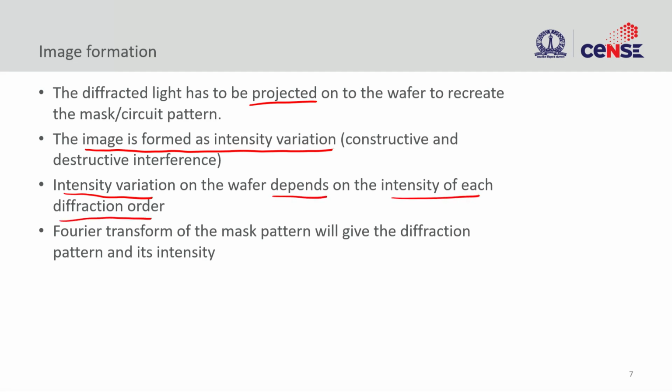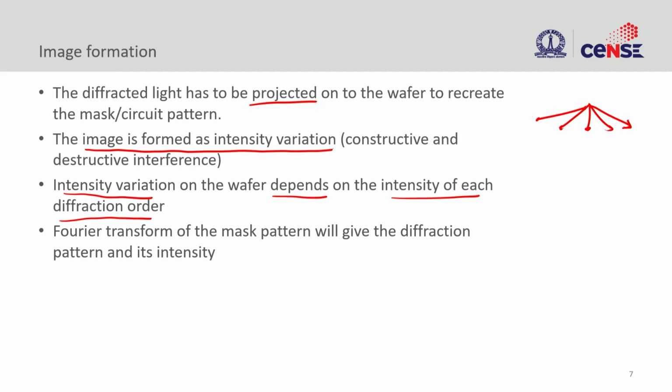We have different diffraction orders that we saw, and how many orders we capture will contribute towards this intensity variation. To be very clear about this diffraction, for a signal processing course this might be very easy to understand.